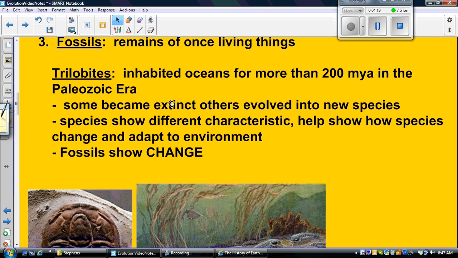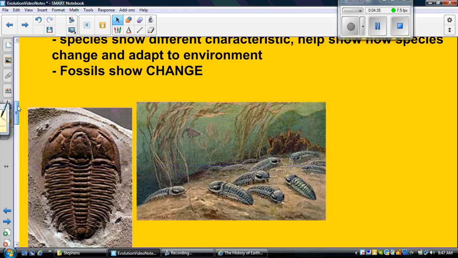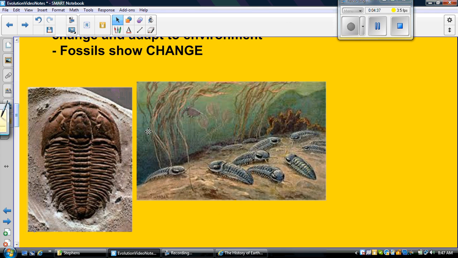Some became extinct, others evolved into new species. The species show different characteristics, and that helps show how the species have changed and adapted to the environment. So fossils help show us change, and how living things have adapted. Trilobites are what we call index fossils, and we use those a lot. This is what the trilobites look like. We use those a lot to study the Paleozoic era.